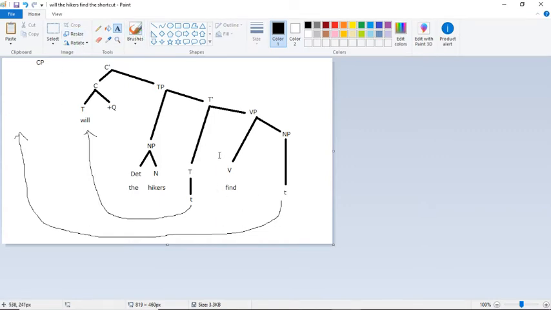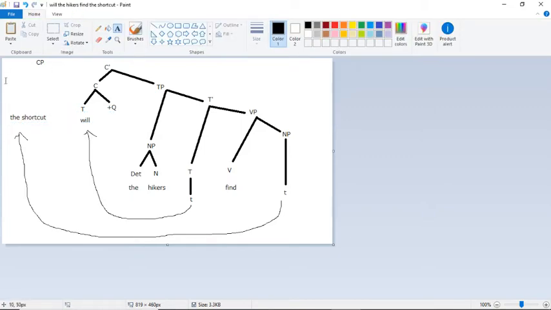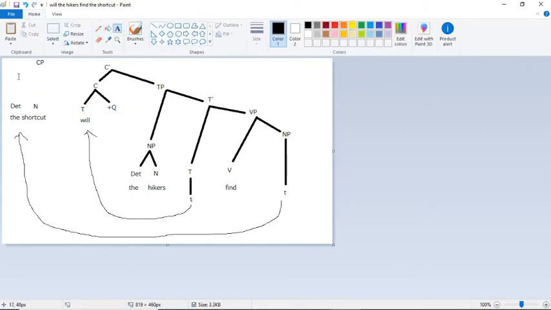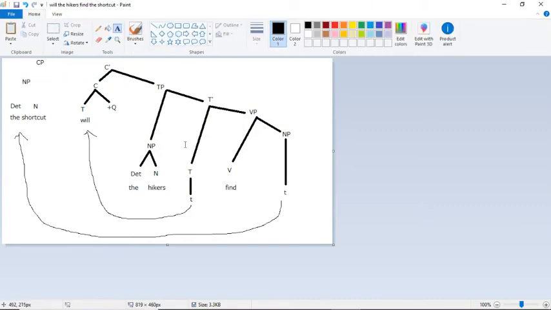Okay. Now, I've removed the bottom part of this noun phrase, so I need to insert it over here. So I want to have the shortcut. Okay. And again, I want to label the parts of speech. And I want to indicate that this is all a noun phrase. Because again, look, what's being traced is a noun phrase.